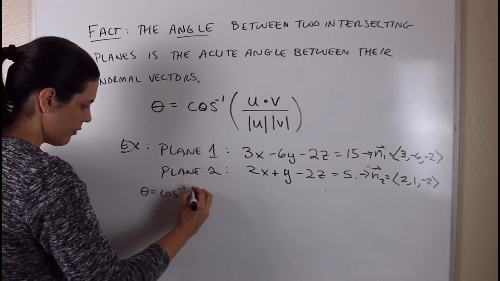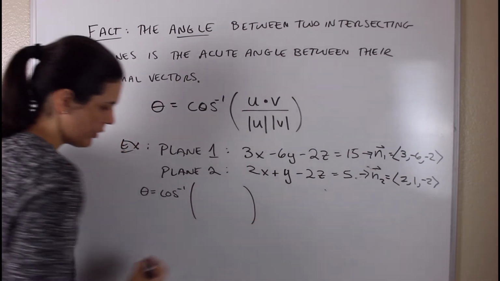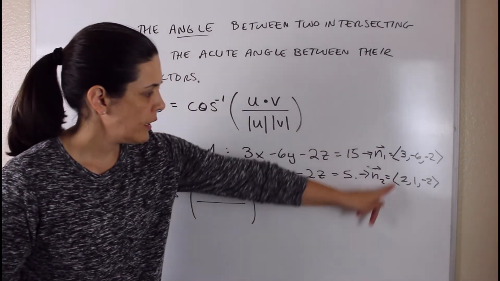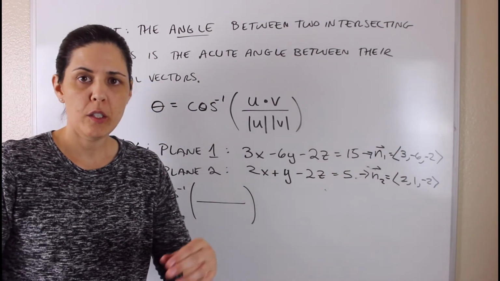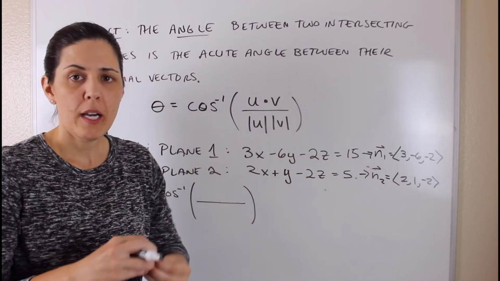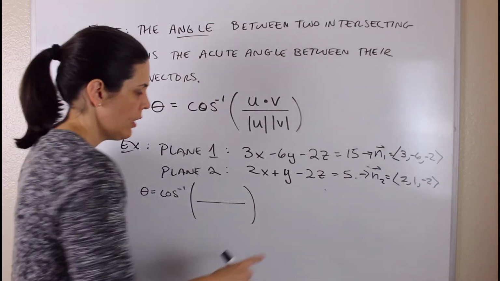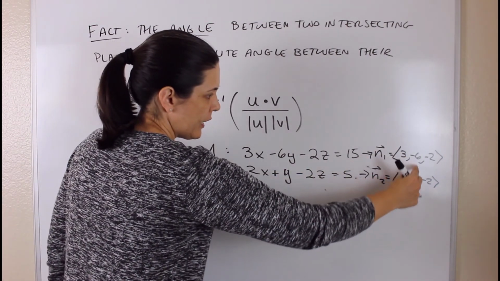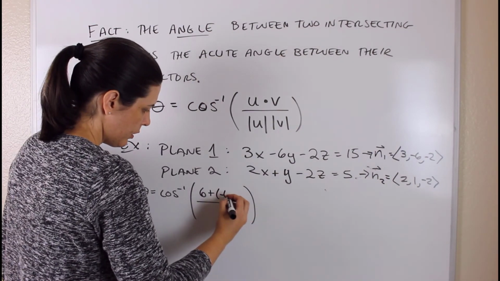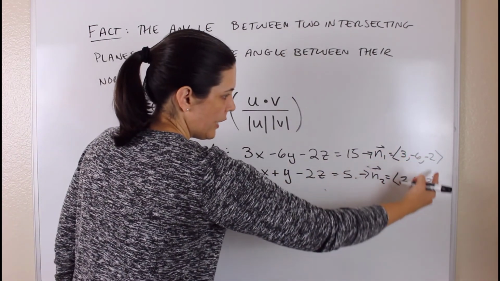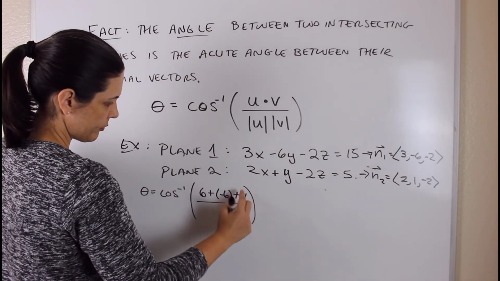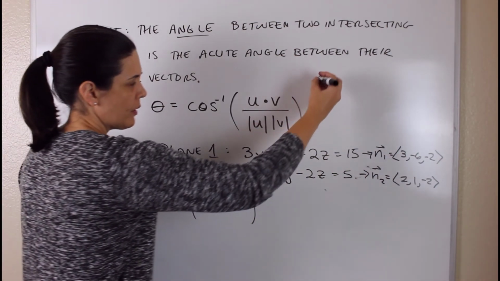Theta is cosine inverse of, and we can do this all at once, the dot product on top. Remember how that goes: multiply component-wise and then add those together. So 3 times 2 plus negative 6 times 1 plus negative 2 times negative 2. So that's 4.